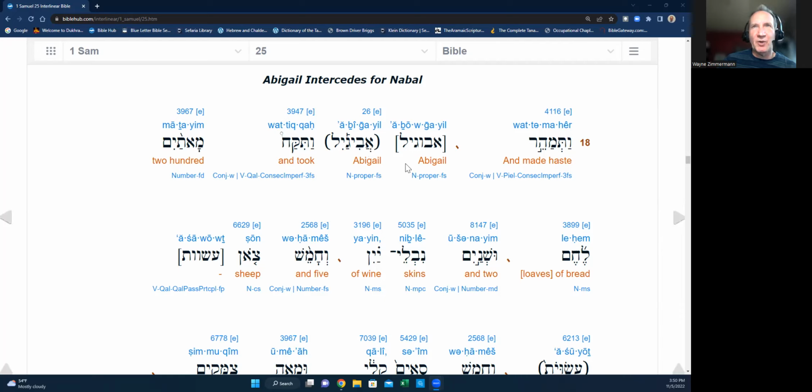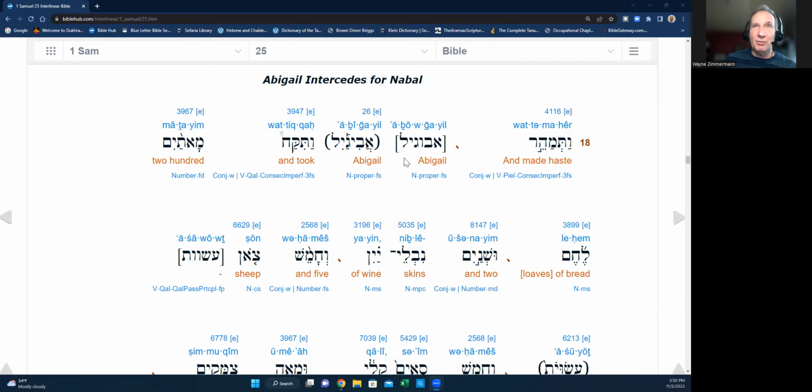vowel pointings. This lady's name was spelled Aleph, Bet, Vav, Gimel, Yod, Lamed, but that is not a pronunciation anybody is familiar with, although we do know that the Vav and the Yud are sometimes used interchangeably.